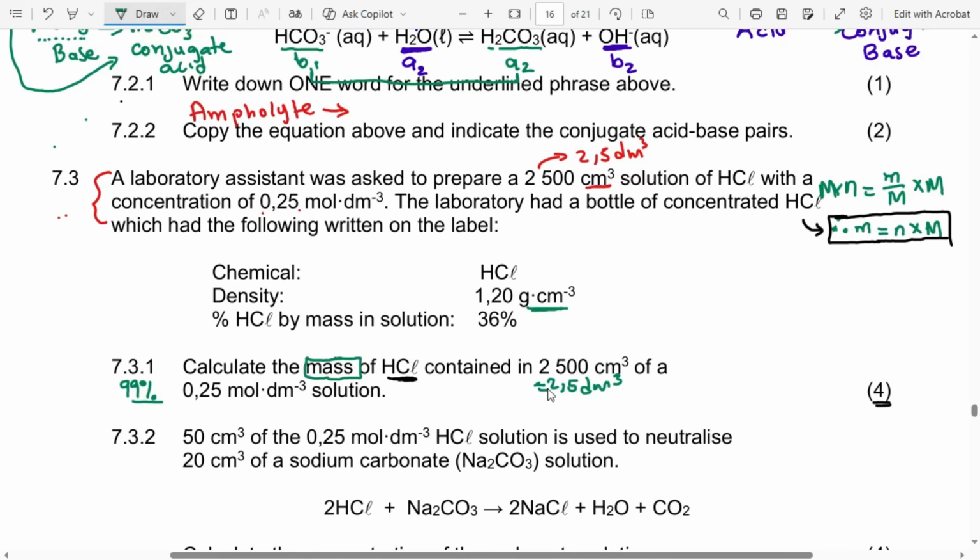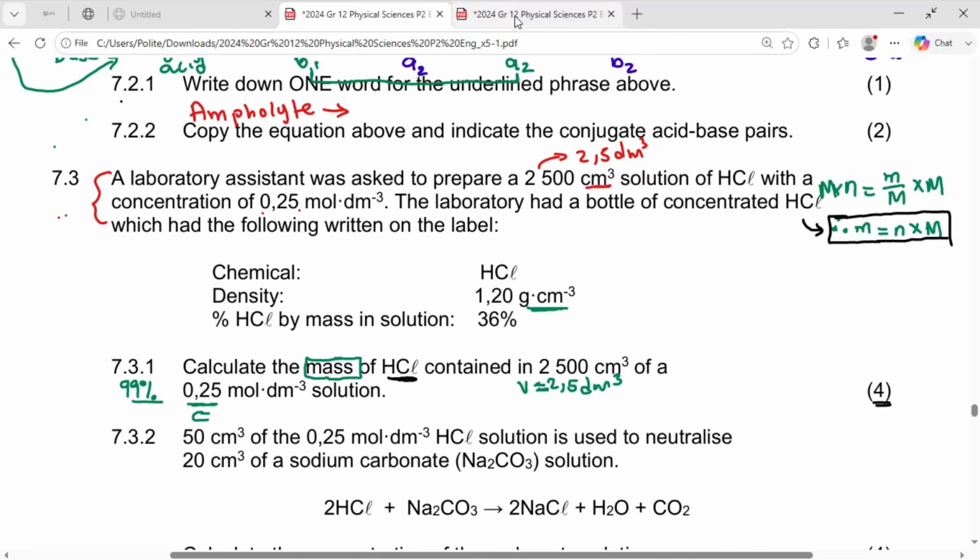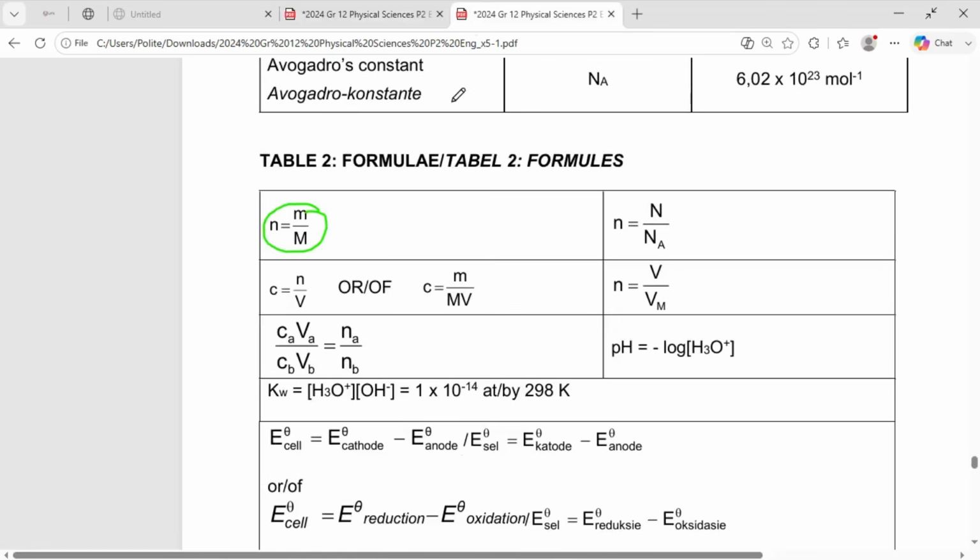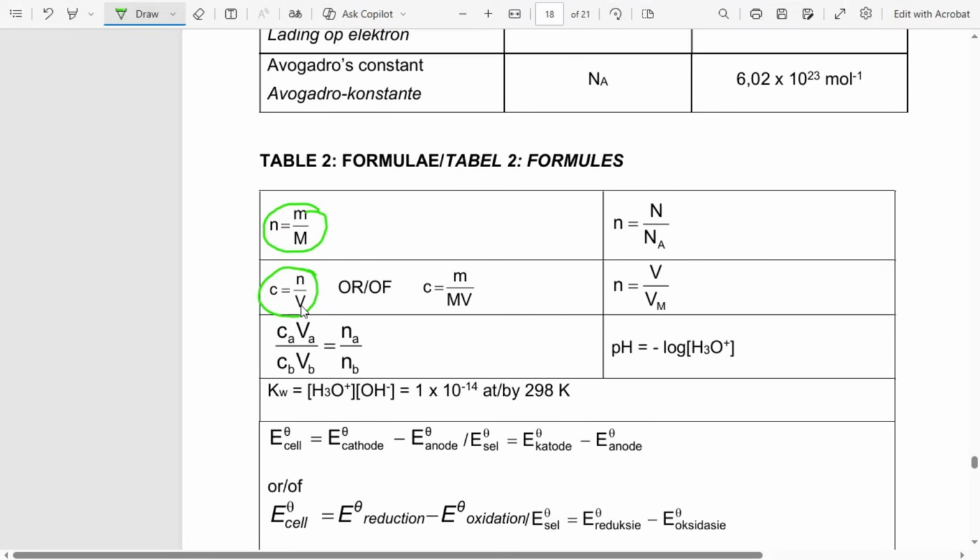That's V. Now, 0.25, that's my concentration. So I'm given C and V. You go to your formula sheet, you choose the formula that has C, V and n because we are looking for the number of moles. The correct formula is this one. You make n subject of the formula.